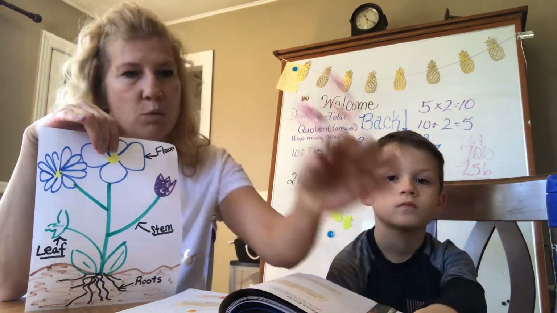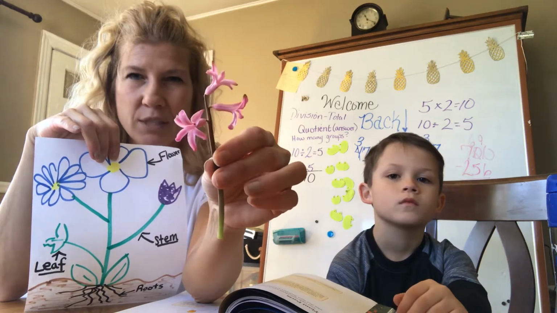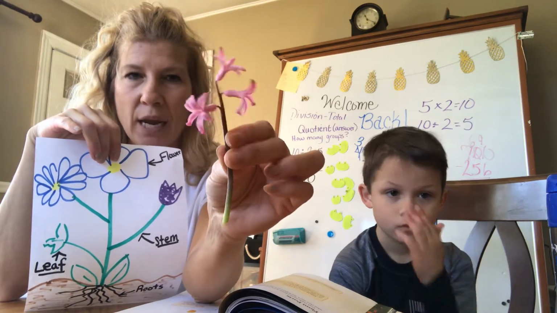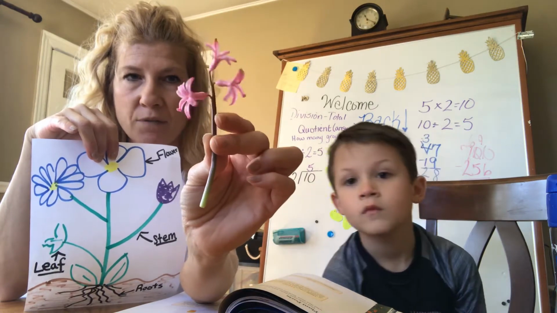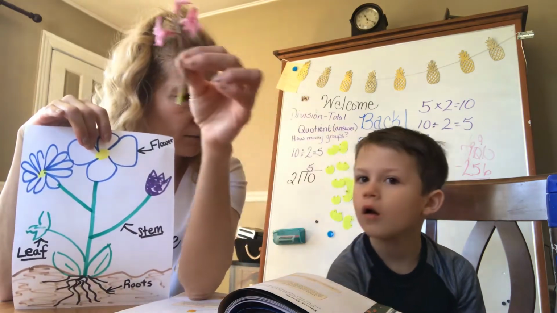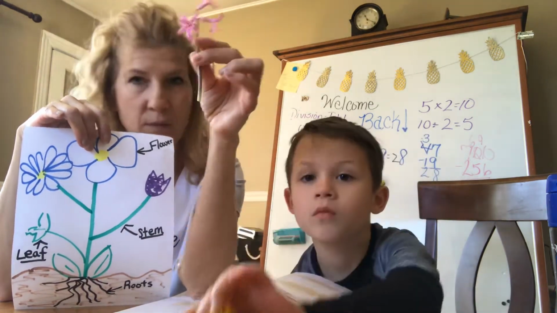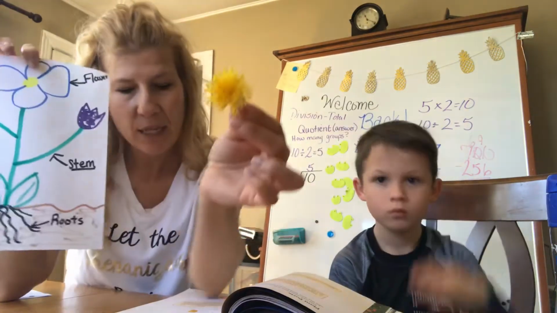Okay, so the first one, all right, so this is a chrysanthemum, I think is what it's called, and it has a couple different kinds of little flower petals coming off the stem. All right, and then the other flower that we got, go ahead, is our dandelion. So here's our dandelion flower.